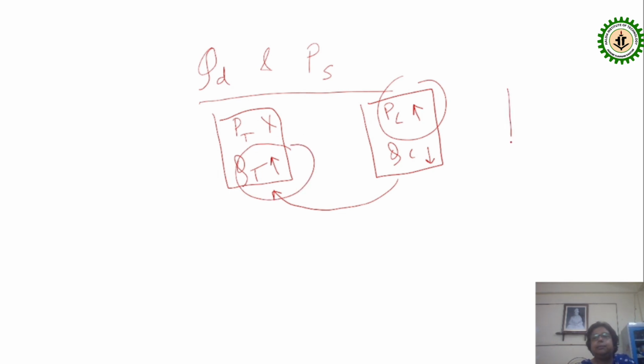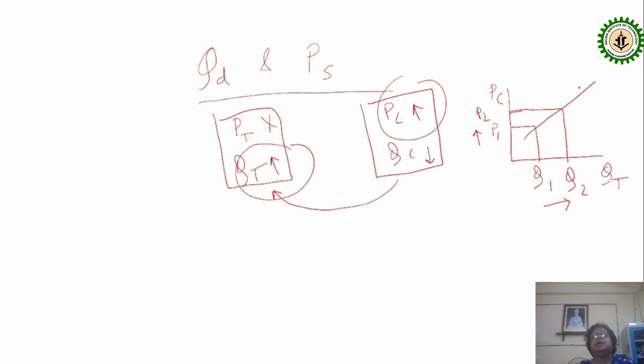So if I draw a picture that this is price of coffee and this one is quantity of tea, and this is the initial bundle of coffee and tea, then if price of coffee goes up from P1 to P2, quantity of tea will also go up from Q1 to Q2.